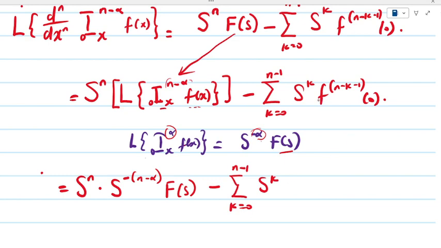We can rewrite this in differential form, dy/dx function, we have d^(n-k-1) over dx^(n-k-1), the derivative of order n minus k minus 1, and then the function is the integral from 0 to x of order n minus alpha of f of 0.